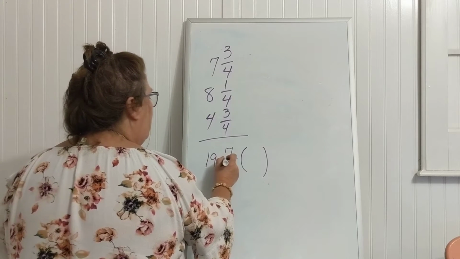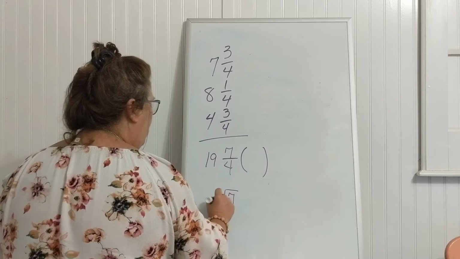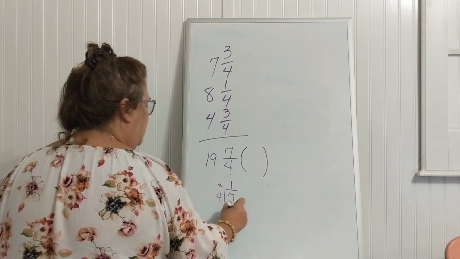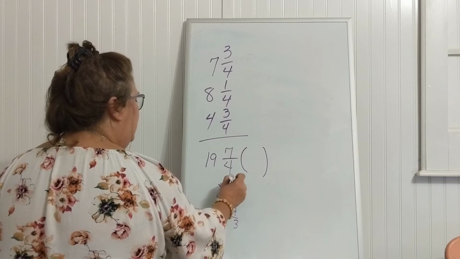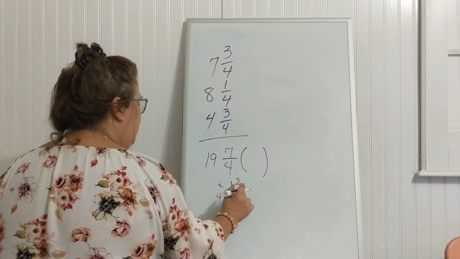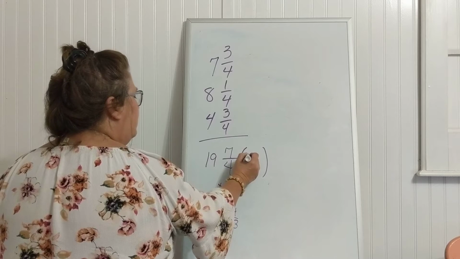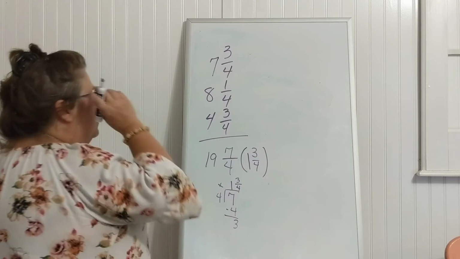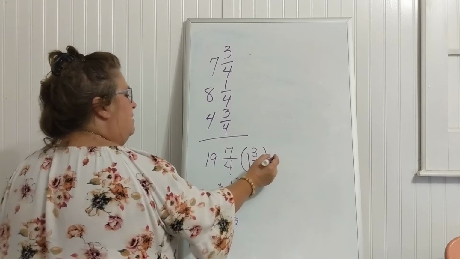Remember, our fraction bar means divide, so we're going to say 7 divided by 4. 4 will go into 7 one time. 1 times 4 is 4. 7 minus 4 is 3. 3 becomes our numerator. Our divisor is our denominator. 1 3/4. So we're going to write that in parentheses right here. 1 3/4. So now we've turned our improper fraction into a mixed number.